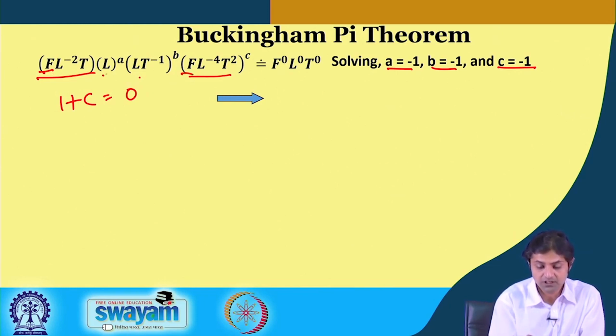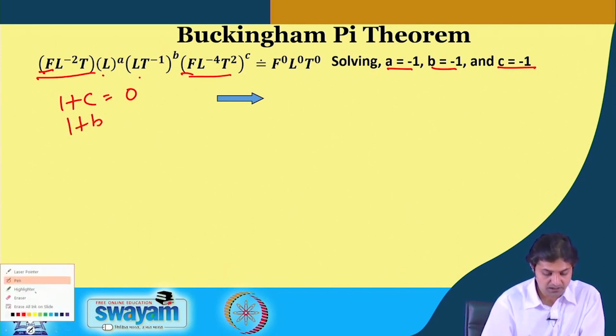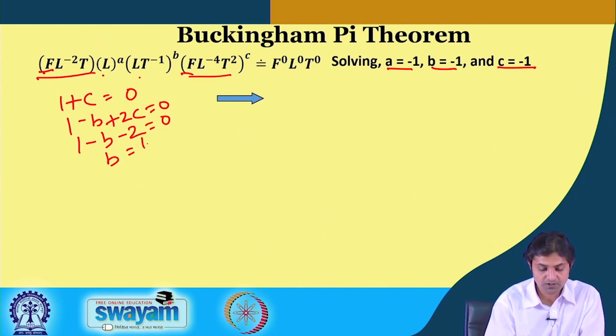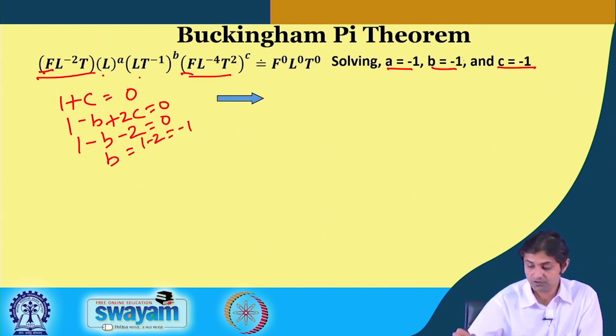So, if you start collecting b, it will be 1 minus b plus 2c is equal to 0, right. C we have already obtained. So, 1 minus 2b minus 2 is equal to 0, and this is what we get.